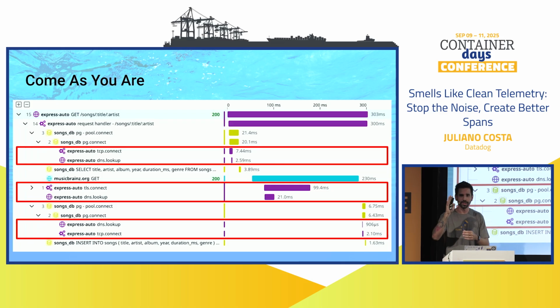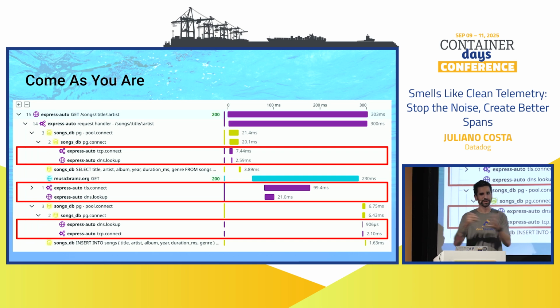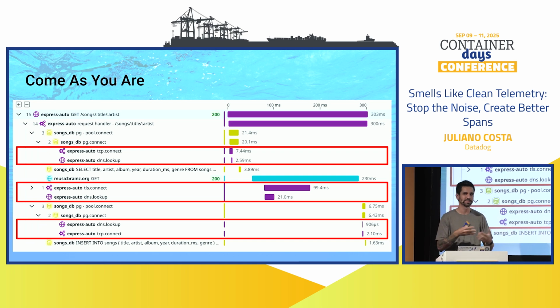Don't get me wrong, if you are the developer of TCP and TLS connect or DNS lookup, this information is great for you and will help your team check and improve this. But for us as application owners, maybe this span is not useful and it's just increasing the size of our traces, making our navigation harder.